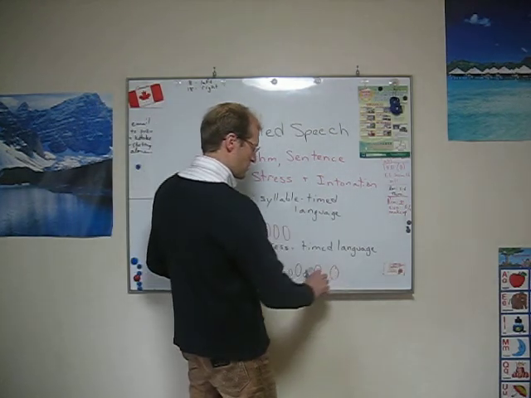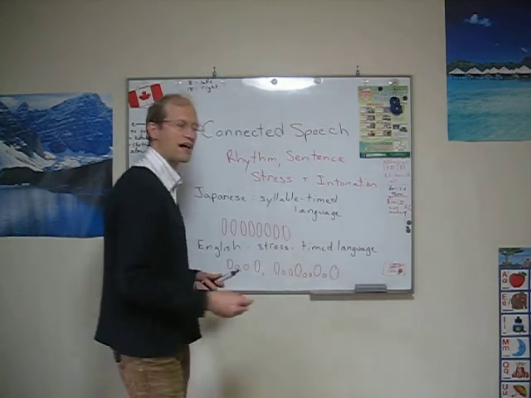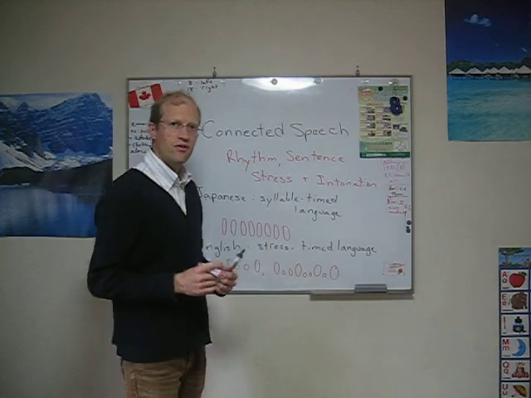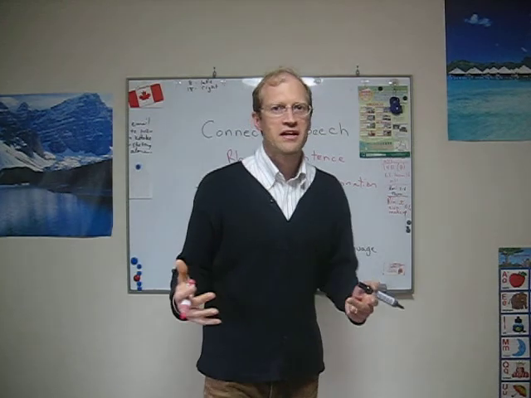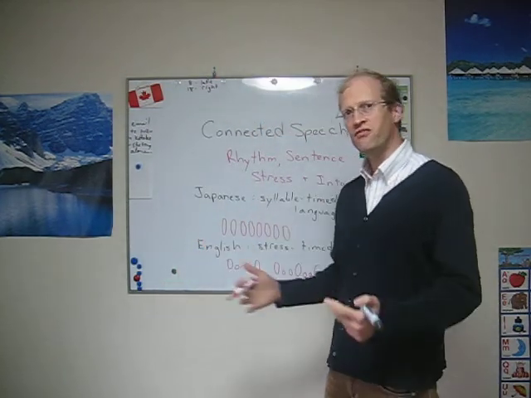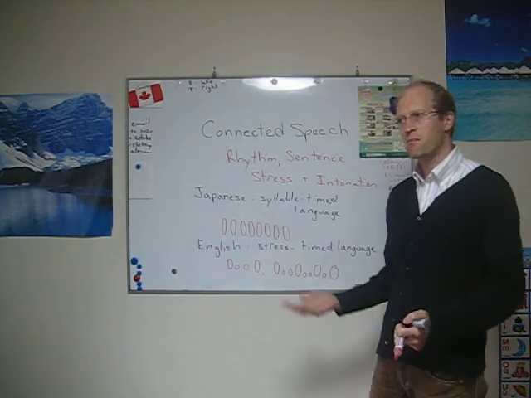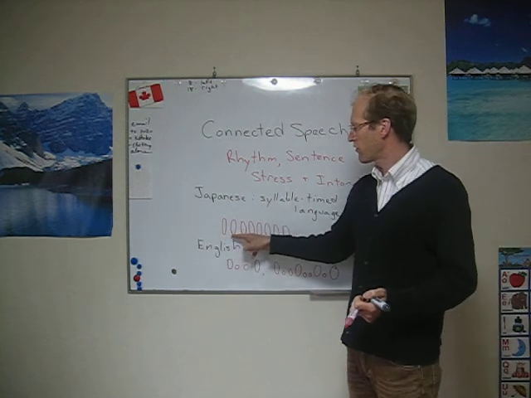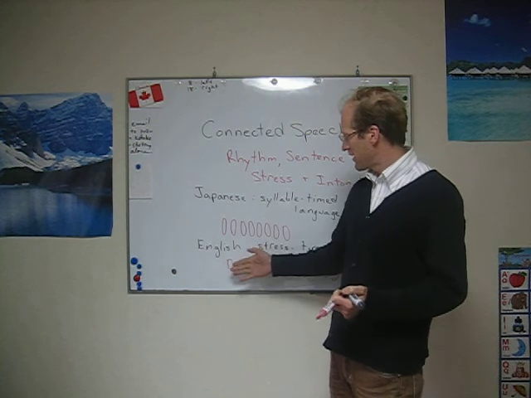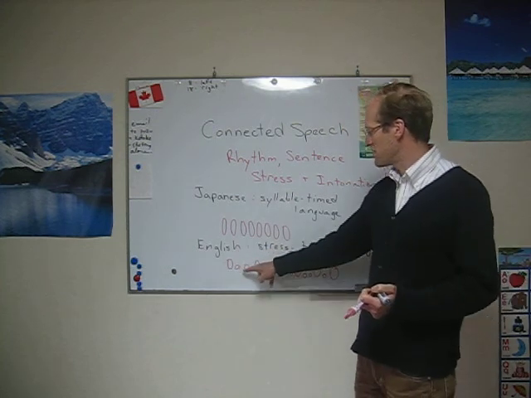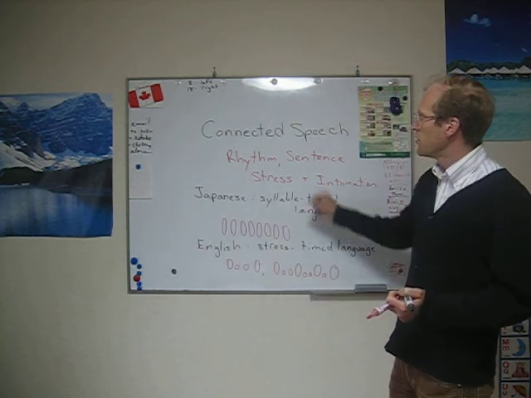These circles, these shapes have different sizes, and the timing, the rhythm of English is so different from Japanese. So the Japanese people, their ears are set for this pattern, and they cannot hear all of these small words.